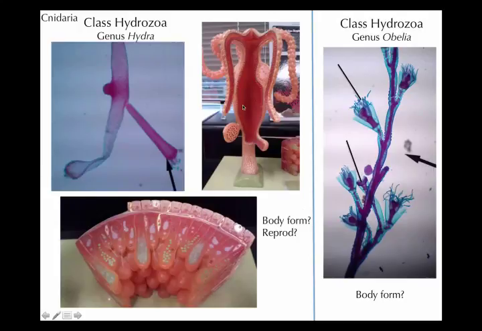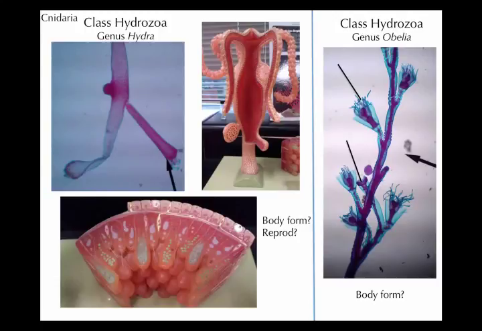Tentacles up. This is a polyp, tentacles up. This guy's tentacles are actually all the way at the other end, but you can see some coming off of here. This is budding. So this guy is actually pinching off. This part of the Hydra will become a new Hydra when it completely pinches off.